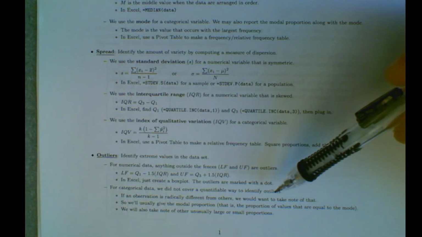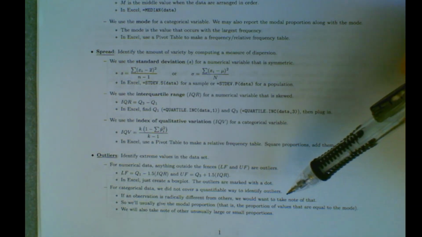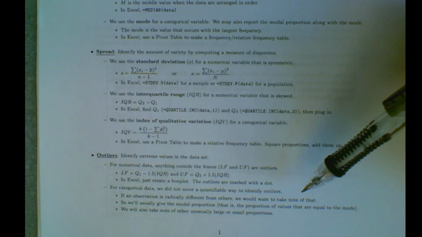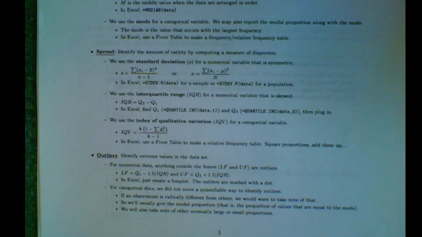For categorical data, we don't really have a quantifiable way to identify outliers. Really what we'll do is we'll just look at the frequency distribution that we come up with, or the bar chart that we're looking at, and we'll determine from those things whether or not we have some values that are unusual, in the sense that maybe they just didn't occur very often, right?